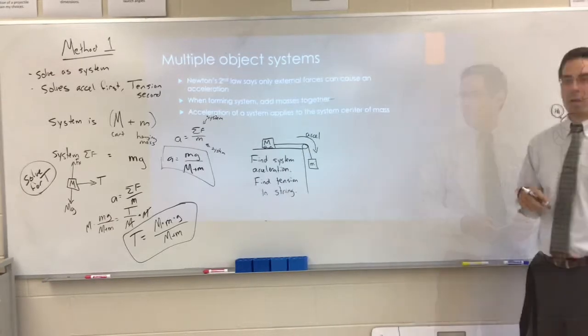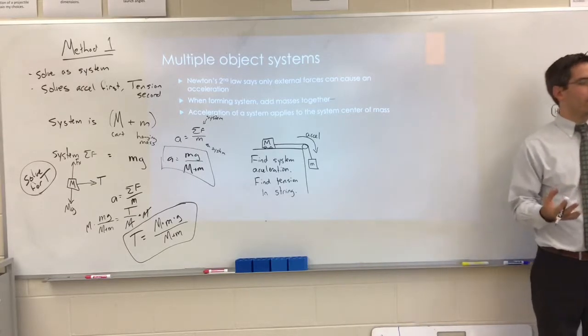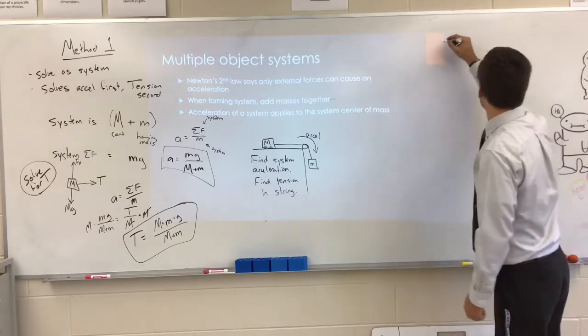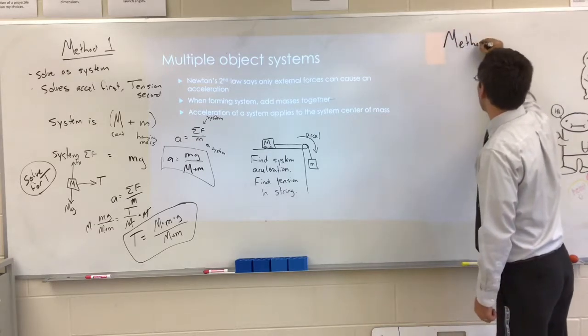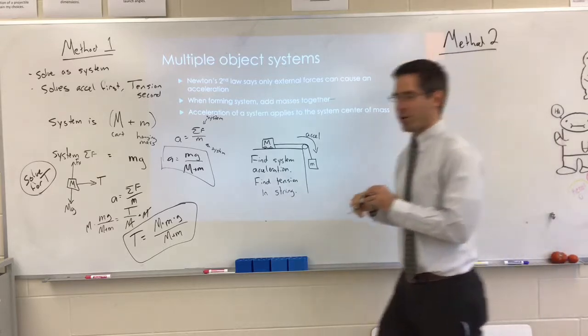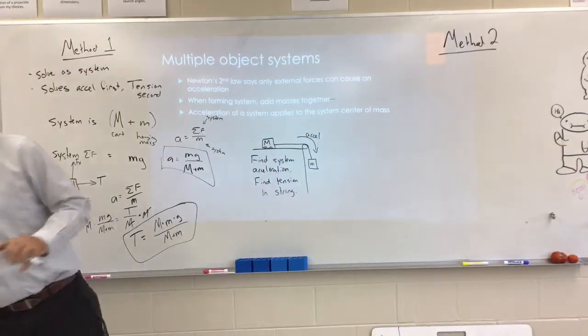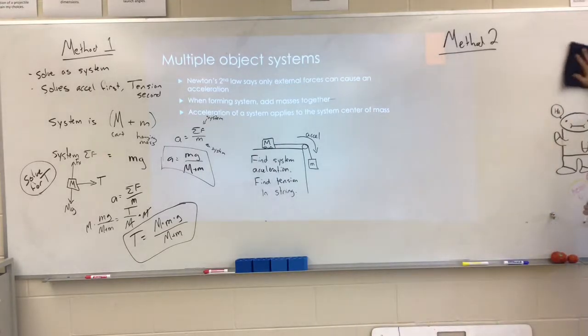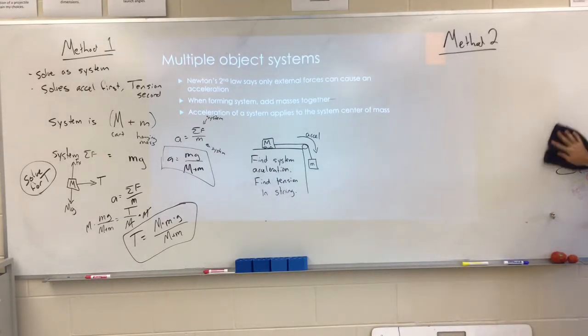So in that equation. The other method that we can use to solve these, we'll call this method 2. This should get us to the same final result. This method involves using the two objects separately.